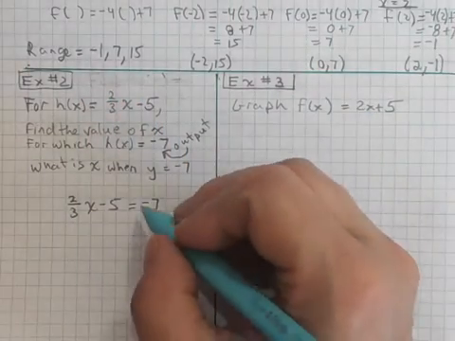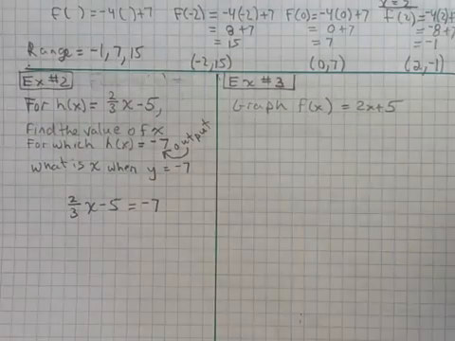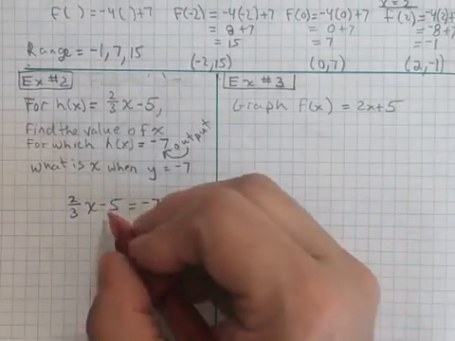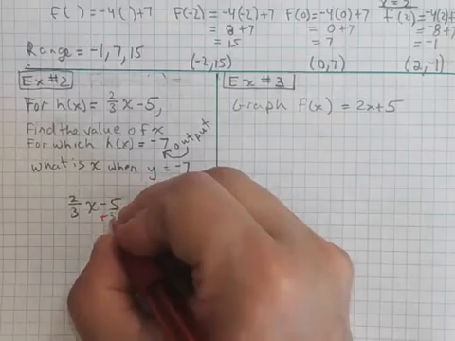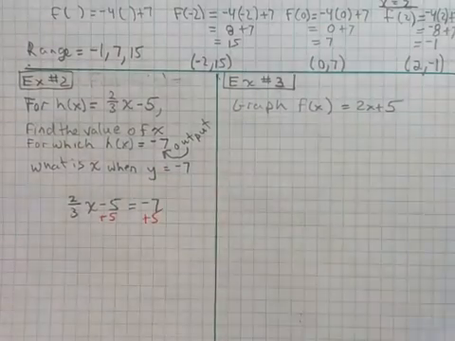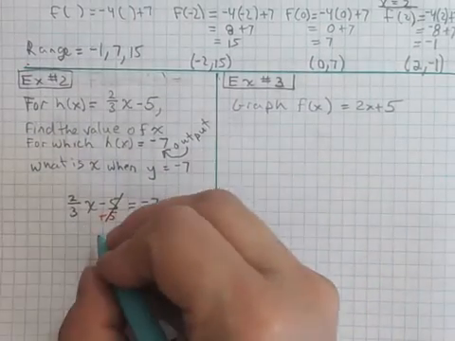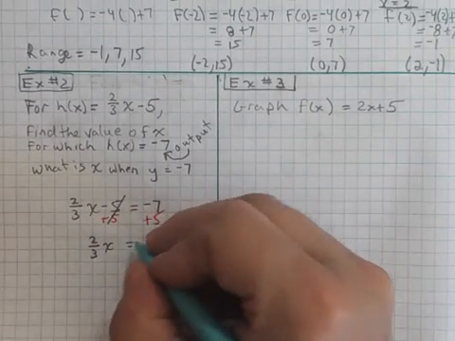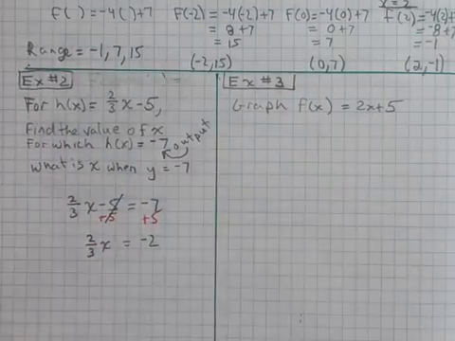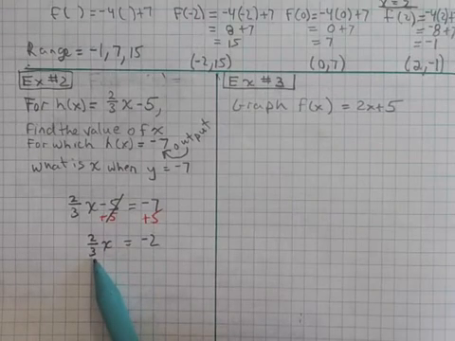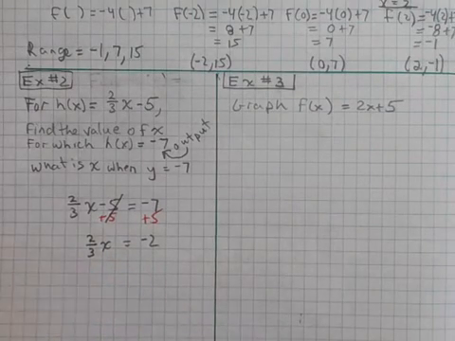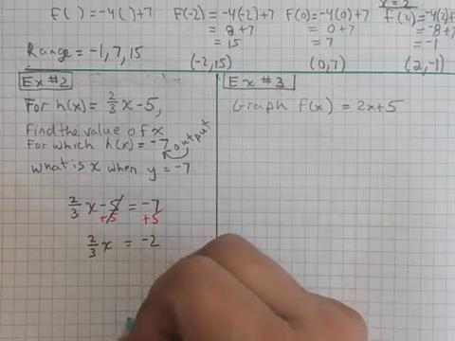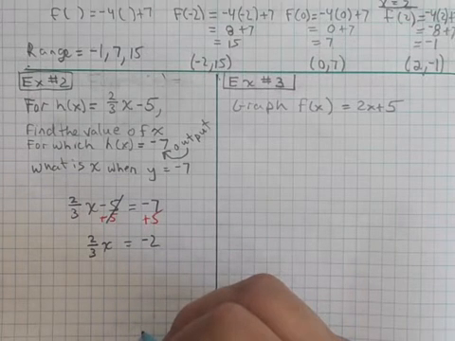Okay, so let's solve this equation. I'm going to start with isolating the variable. I'm going to add 5 to both sides. Okay. And then how do I undo this? I'm going to multiply both sides by the reciprocal.